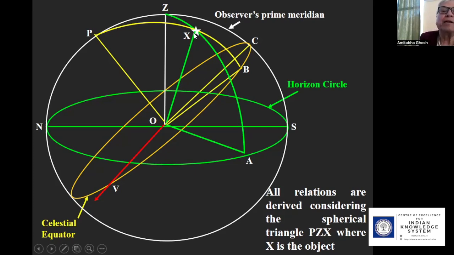So what will be the right ascension of this one? It will be this point. So from this reference point, whatever reference point I choose, this is the right ascension, an angle or hour, and this angle is the declination. So we have to convert them. That's our task, and we will do that.